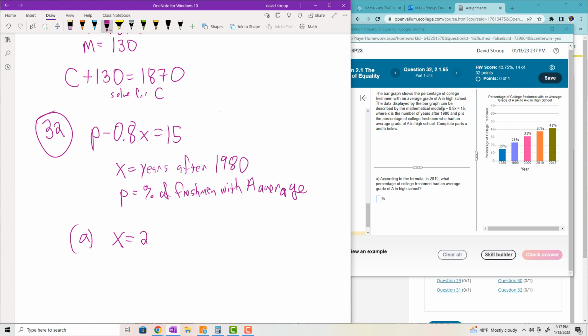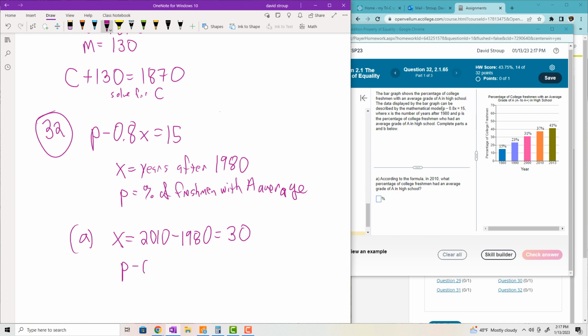So in our case, it'll be 2010 minus 1980, right? It's really wanting to know how many years after 1980. So 80, I can do that in my head, it's 20, 30 years. So it's not 2010 that I put in the formula, it's the 30.